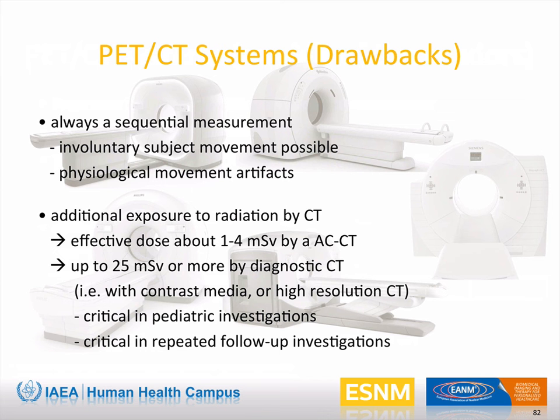Furthermore, the additional radiation exposure due to CT cannot be neglected, and this can be critical in pediatric investigations and in repeated follow-up studies. But now the rules are changing again, with the advent of a next-generation gold standard technique, the hybrid PET-MR.